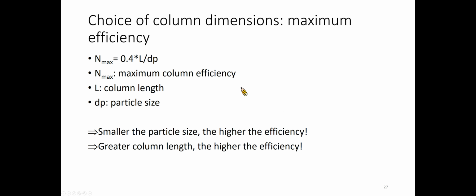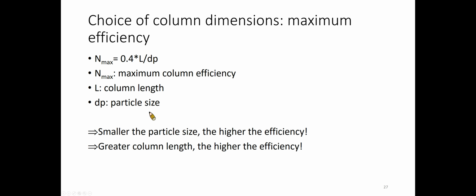The maximum column efficiency can be described using this formula, where Nmax is the maximum column efficiency, L is the column length, and dP is the particle size. The smaller the particle size, the higher the column efficiency.